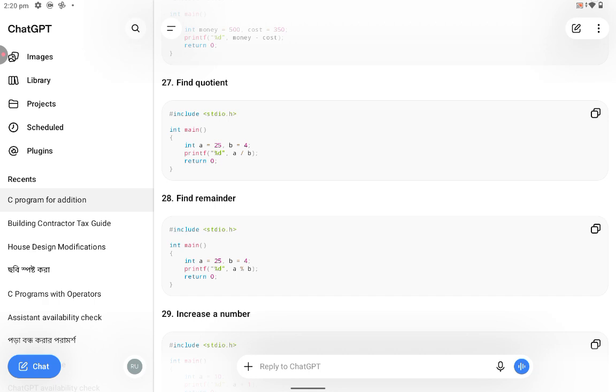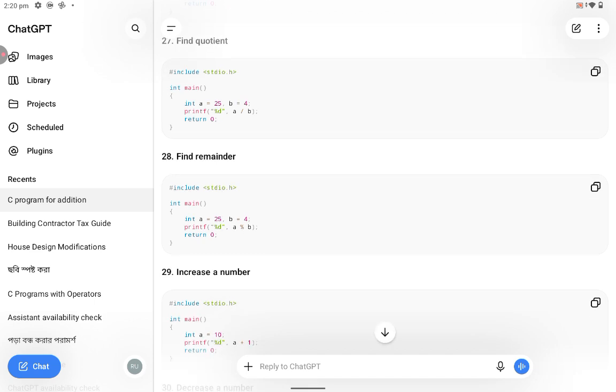Or if you want the result in fraction, so fraction will be again stored. But in this case you need float variable, which we are going to discuss in subsequent videos. Find remainder, again 25 modulus 4 or a modulus b, and the remainder is 1.